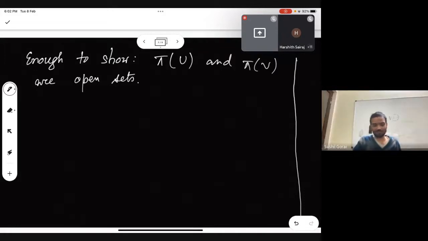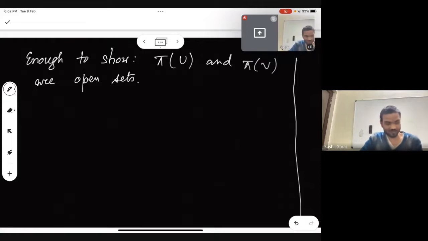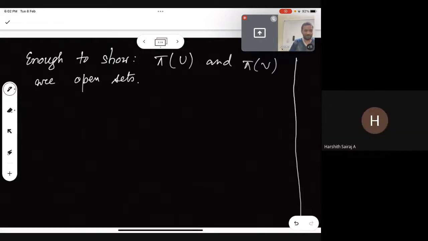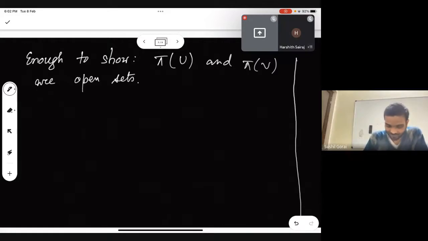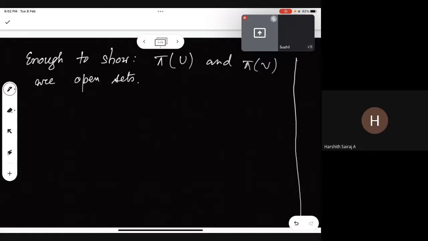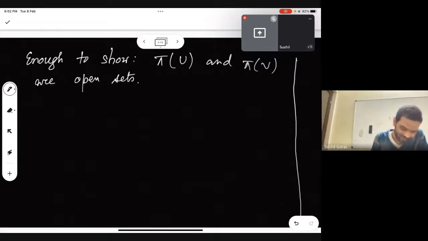Acha, pi inverse of pi U is just U, that's what you mean, right? How do you see it? Sir, take any point, because we're taking the cone, the construction of the cone is exactly in that way. Right, that is true.